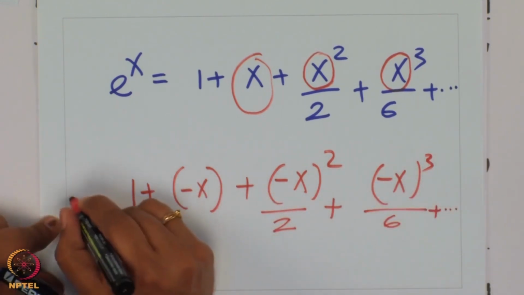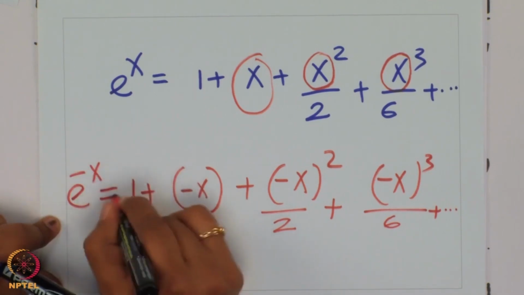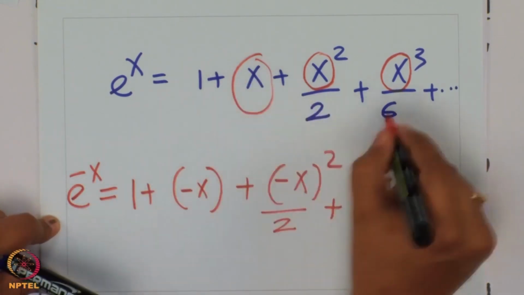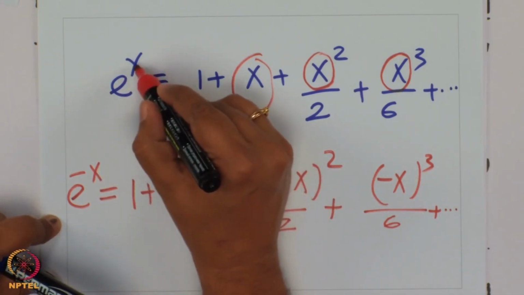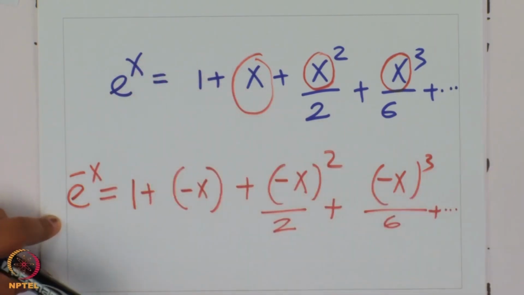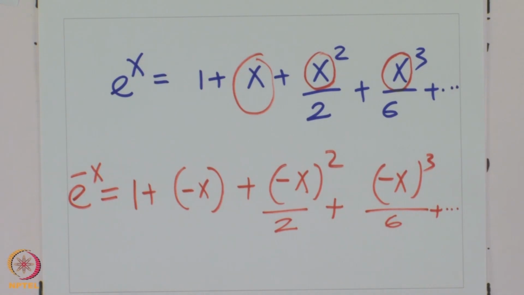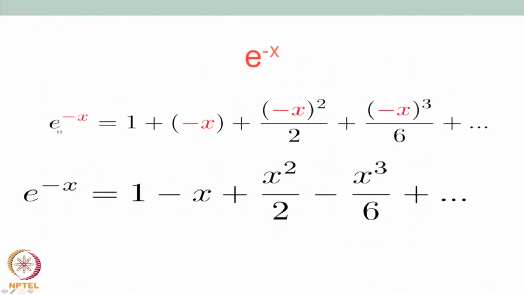This will give you e power minus x. So e power minus x is the same expansion, wherever x, you put minus x. E power minus x is nothing but 1 minus x plus x square by 2 minus x cubed by 6 plus dot dot dot.